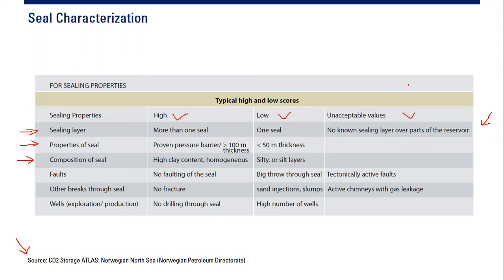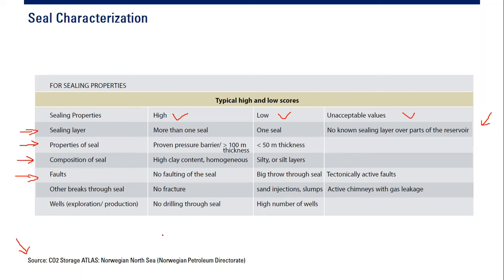Okay. And then you need to be careful also about the faults. If you have no faulting of the seal, then it is considered a good barrier for your reservoir or your aquifer. But if you have a big throw through the seal, then you basically have poor seal properties.